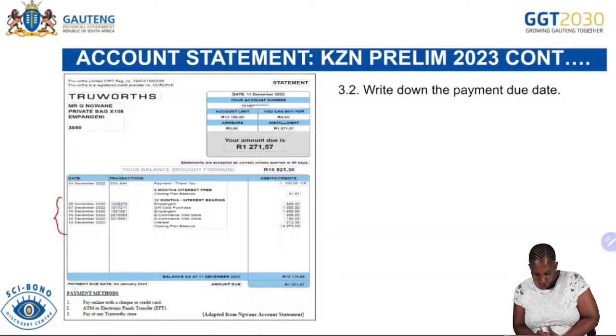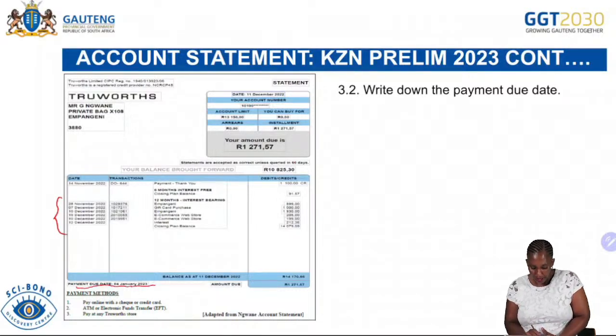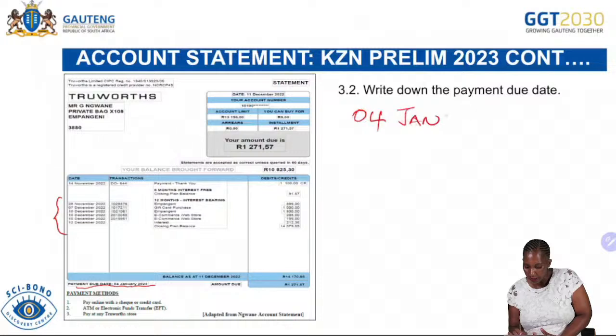Now right here at the bottom it says payment due for this account. It's when? It's the 4th of January 2023. Now a question says write down the payment due. So payment due is on the 4th of Jan 2023.